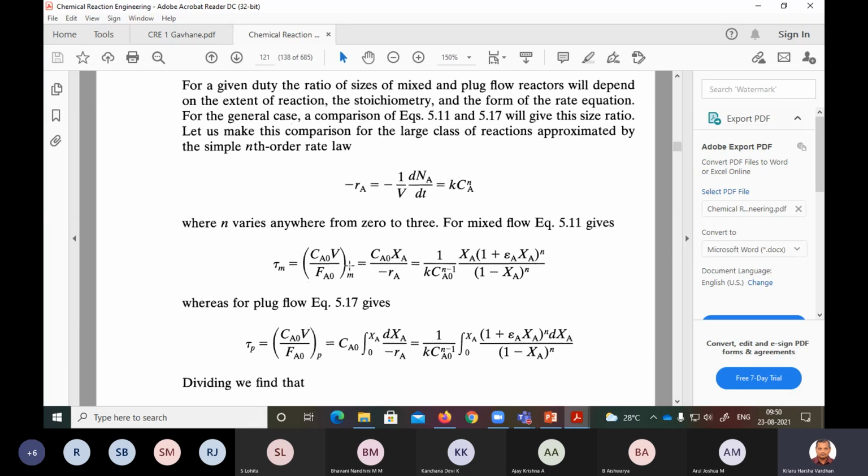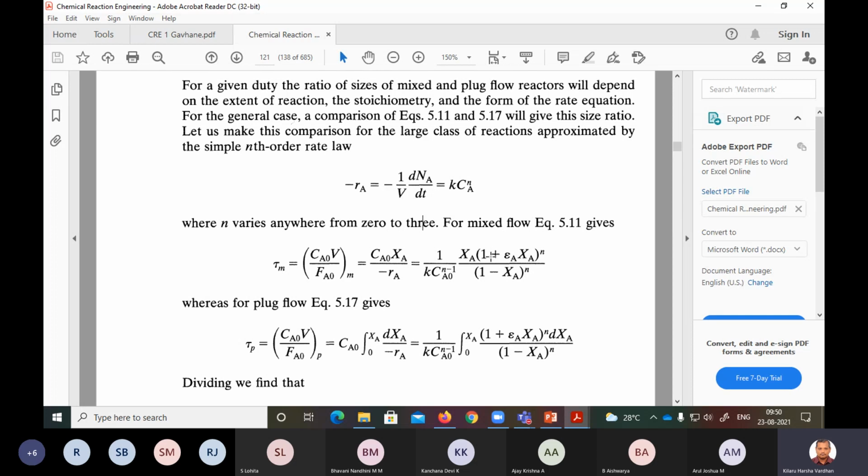Tau m you can write like this. Whereas minus Ra is nothing but K into Ca naught power n minus 1, because Ca naught will come here, Ca naught power n. So if you take n minus 1, we get Xa divided by, for a first order, 1 minus Xa power n.